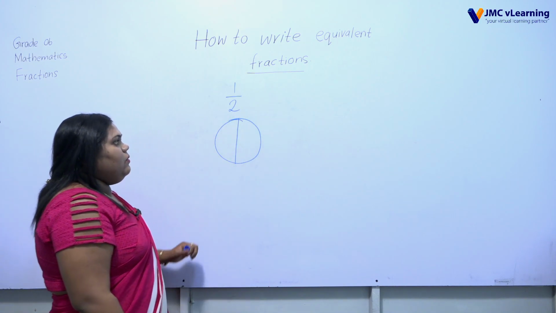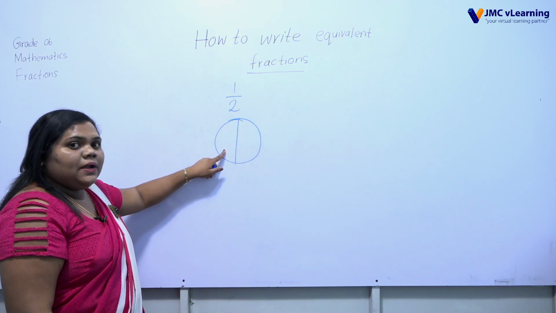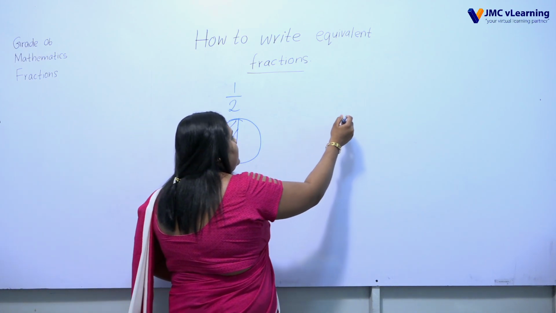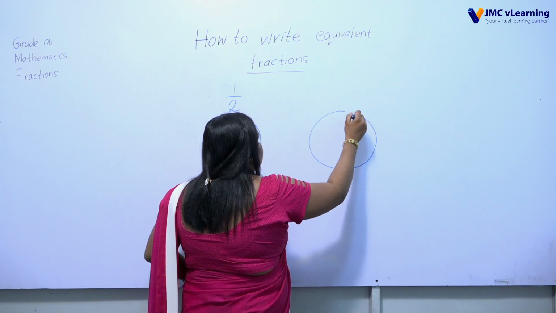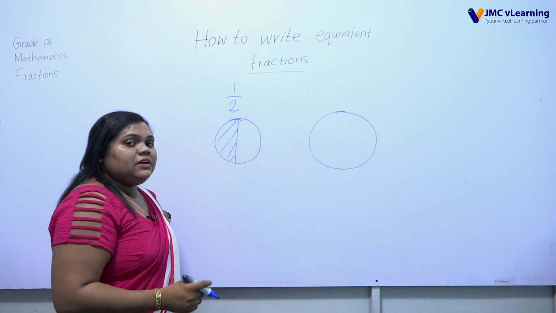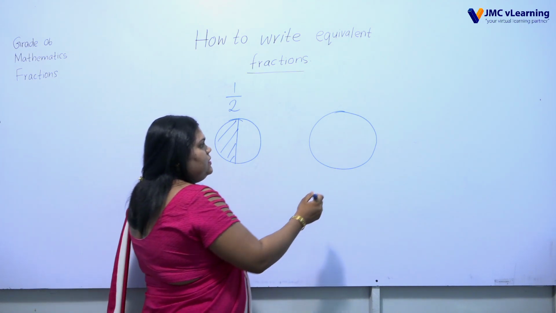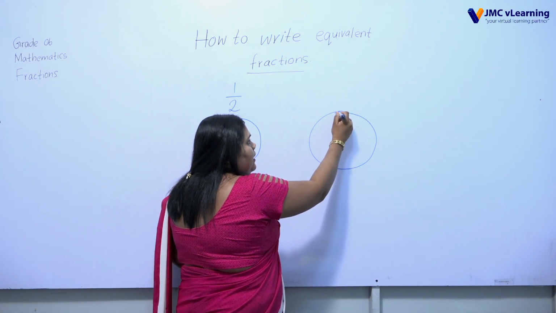Now this one we can call 1/2, no. And again I am drawing a circle. Now I can divide this into 8 equal parts.